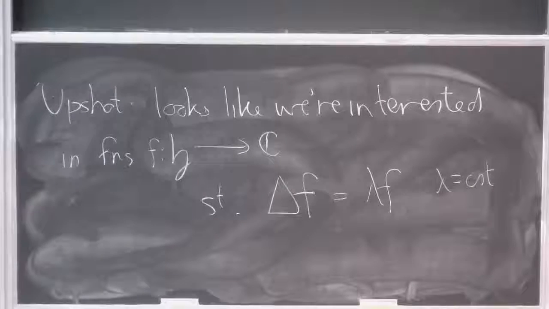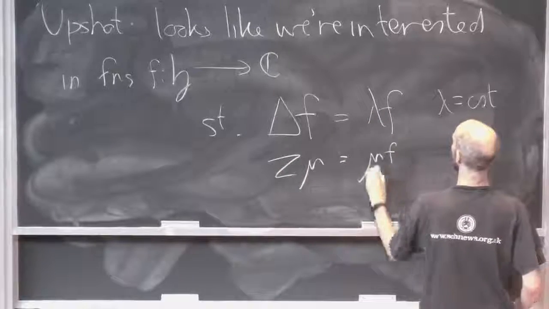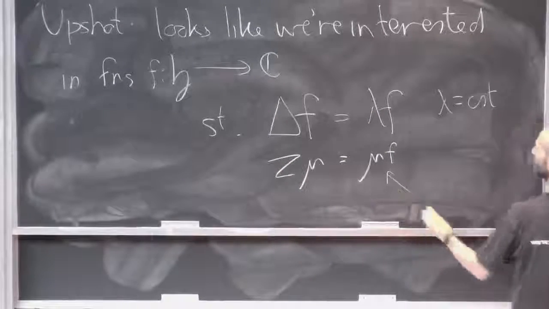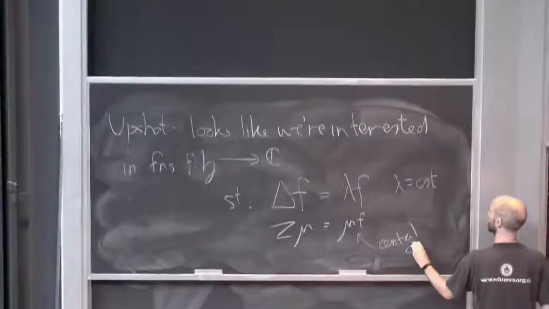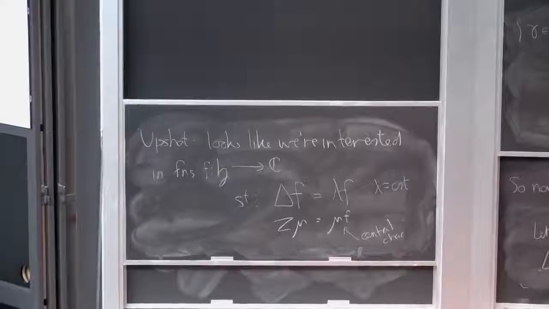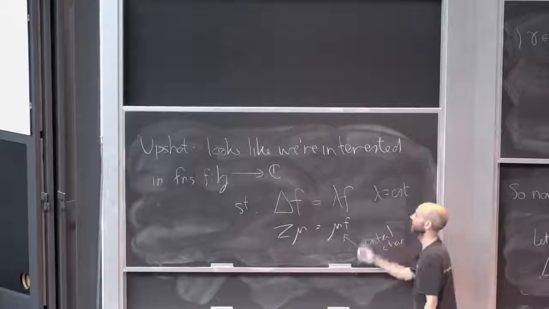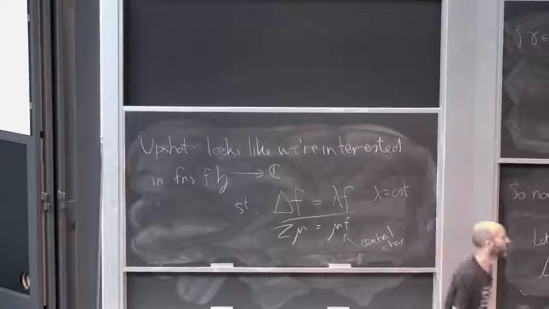And then z has to act in some certain way, and zf is going to be mu times f. So this will be something with some central character. This won't be some interesting thing. I'm just saying how the center acts, and the center will act by scalars, which will be the scalar that we're going to read off. But this is somehow the equation that's coming out here.